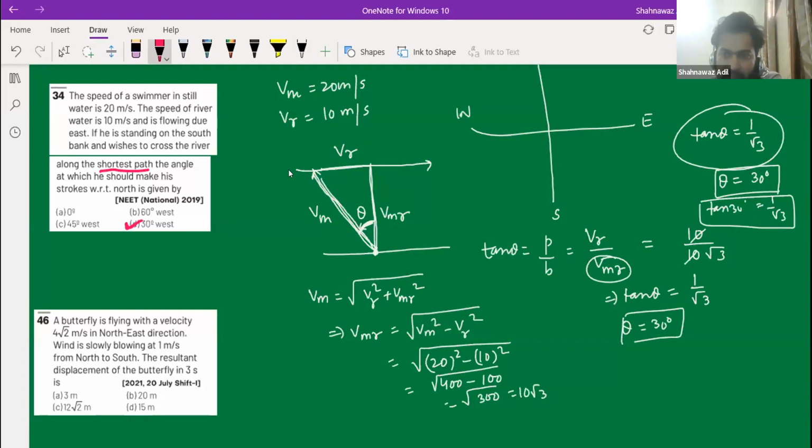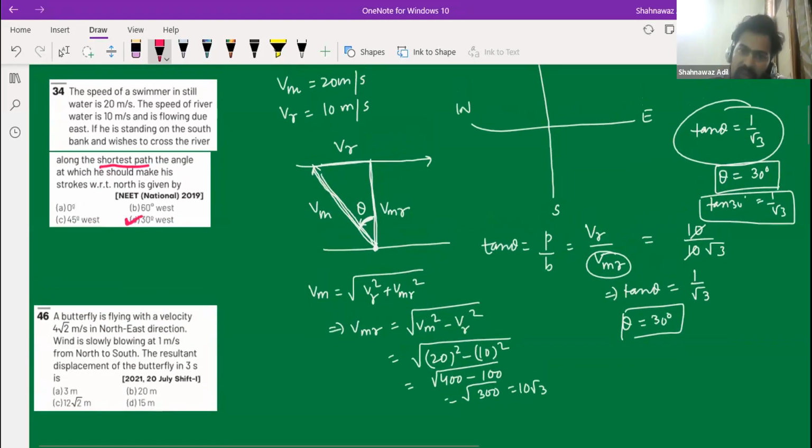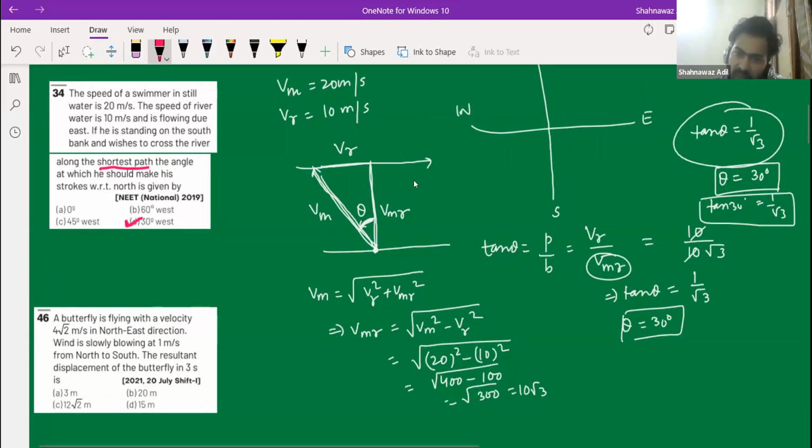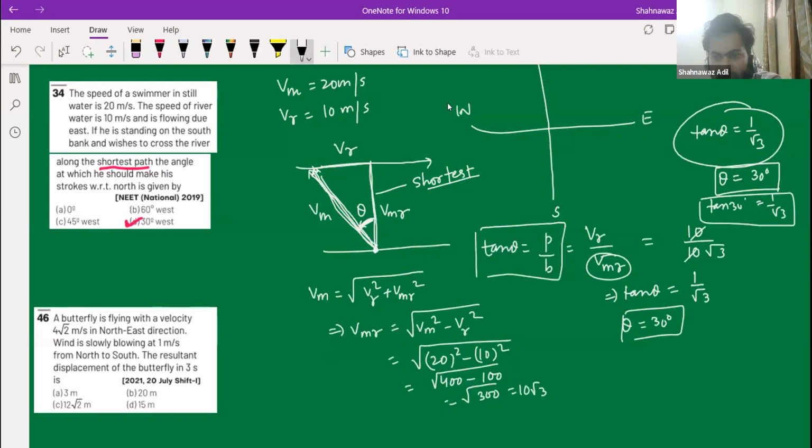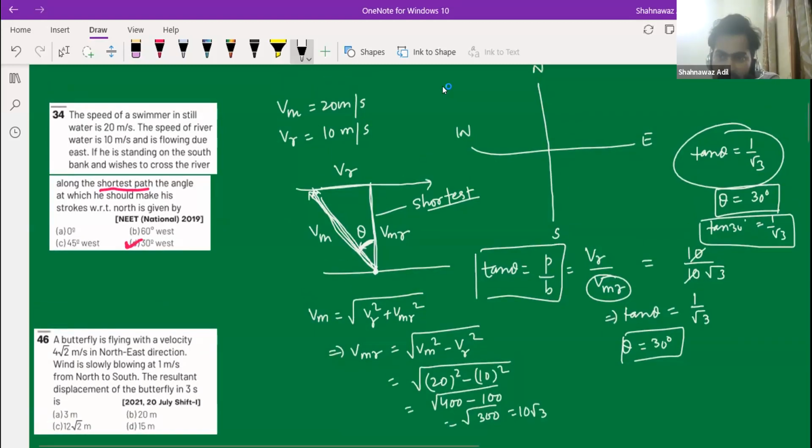Yes, sir. Yeah. So whenever we are going in the shortest path, we have to start with some angle, and then we can find this angle using tan theta. So this was the question. Please note it down, and whenever you have noted, please tell me.